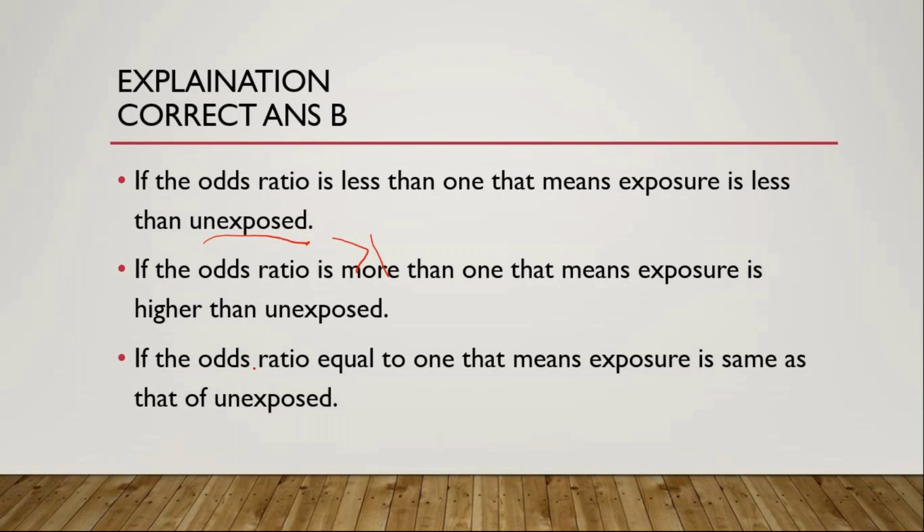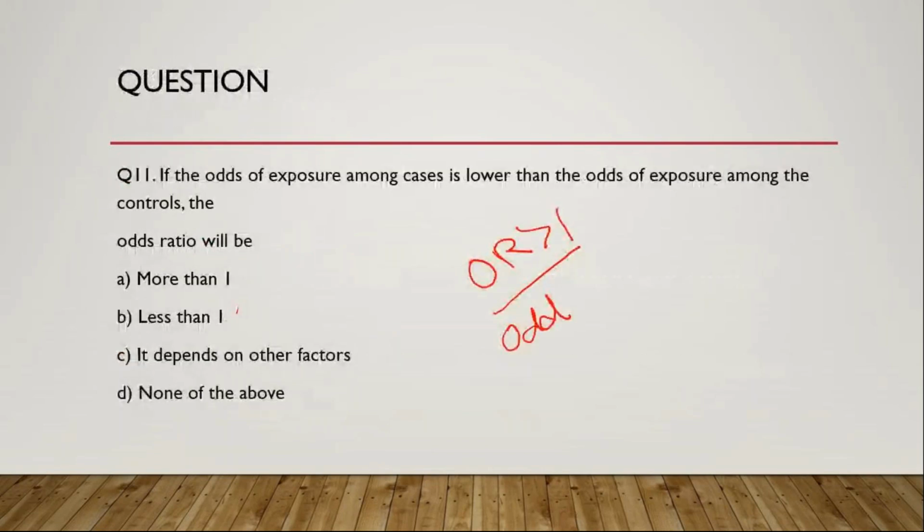And if the odds ratio equals 1, that means exposure is the same as that of unexposed. So I hope the answer is clear to you now. In this question it is written, if the odds of exposure among cases is lower, so what will be the odds ratio? Less than 1. So the correct answer is option B. I hope that now it is understood to every one of you.